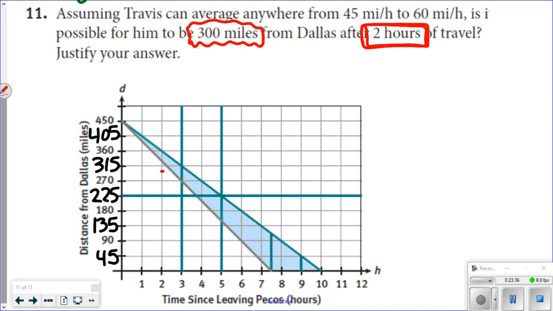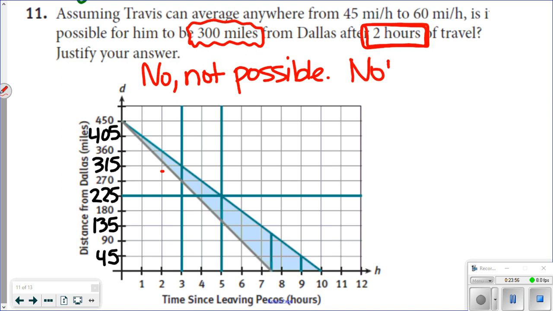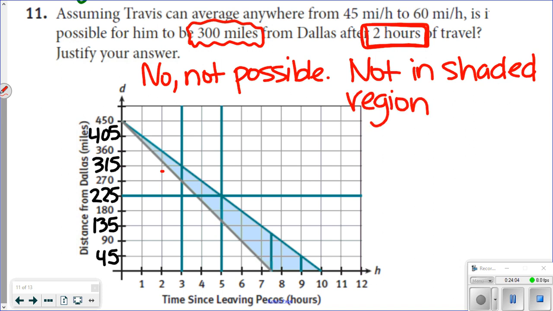I know that 300 is somewhere between 270 and 315. Is that in my shaded region? No. So this is not possible, because it's not in our shaded area.